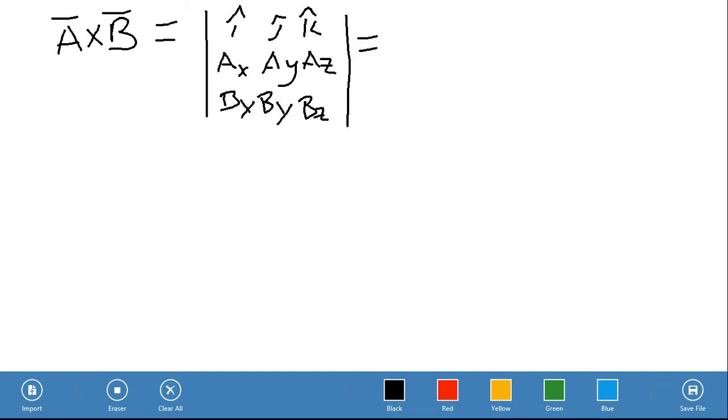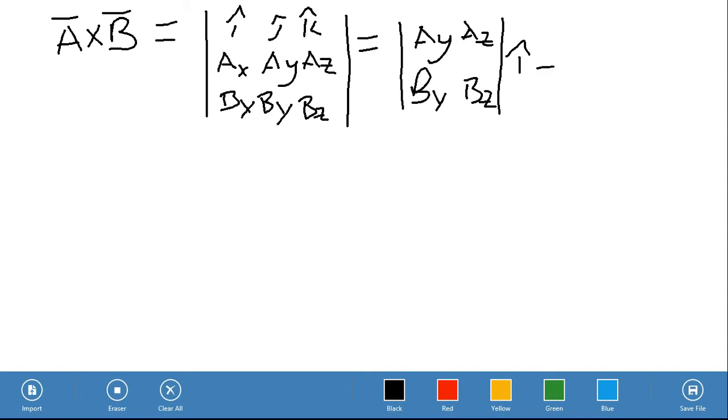This is going to be equal to the determinant of ay, az, by, bz, and this is going to be multiplied by i hat, and then subtracted from the determinant of, let's see, ax, az, and then bx, bz, and multiplied by the j hat.